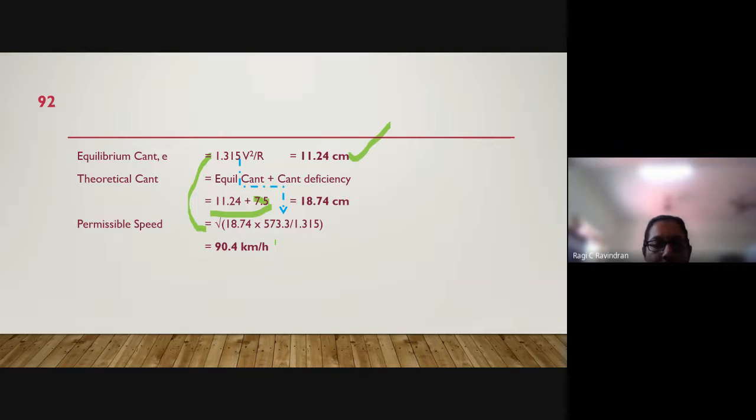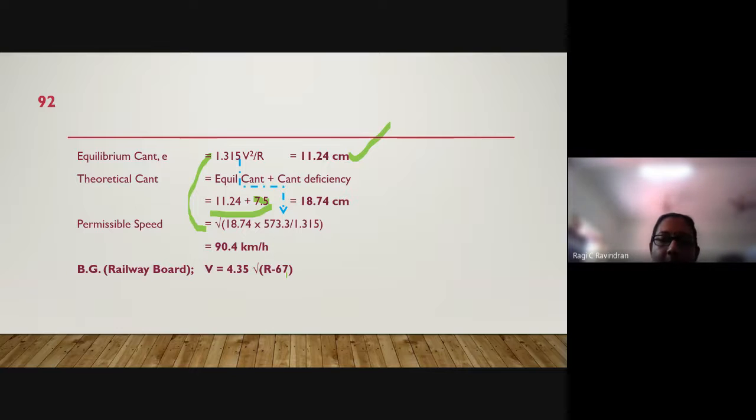In the question we had 70 kmph, and what we got after solving this problem is a permissible speed of 90.4 kmph. Now we have our broad gauge. For broad gauge, the Railway Board has given this as the safe speed.